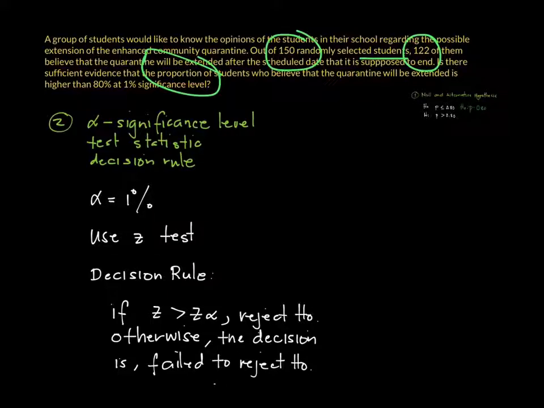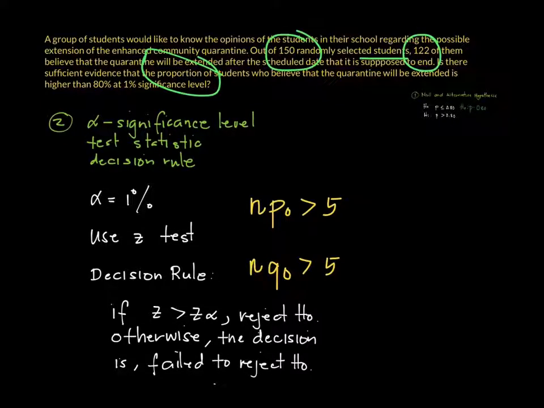For the type of test, you use the z-test if you can show the following. The condition is that np sub 0 must be greater than 5, and nq sub 0 is also greater than 5.